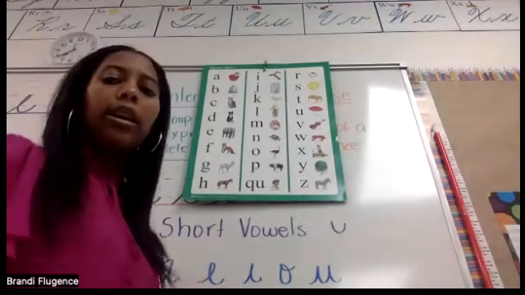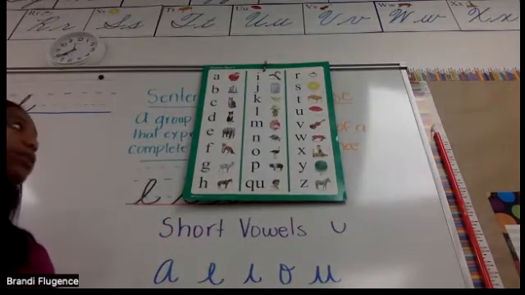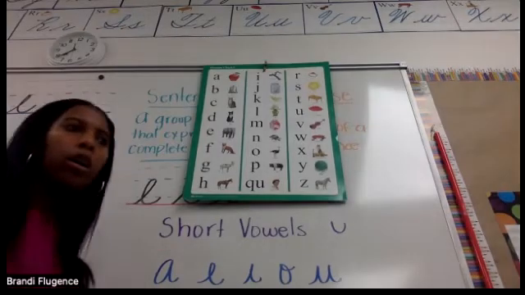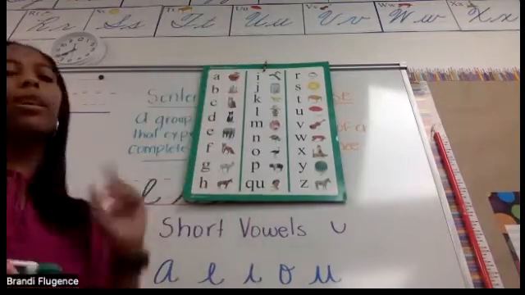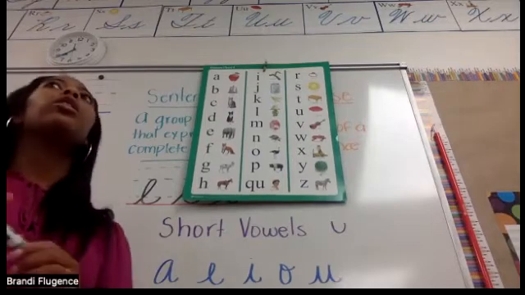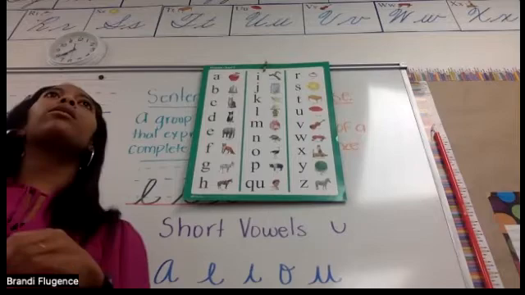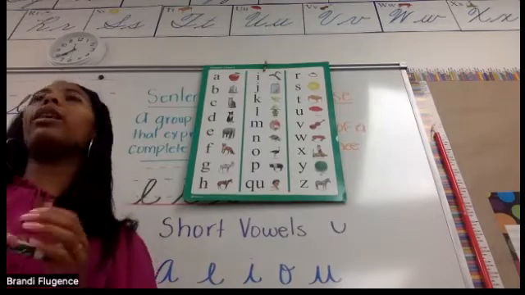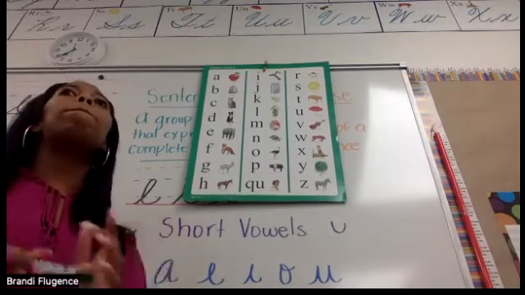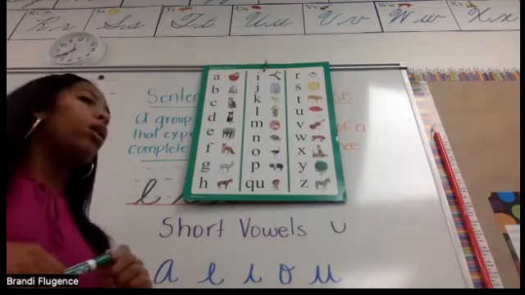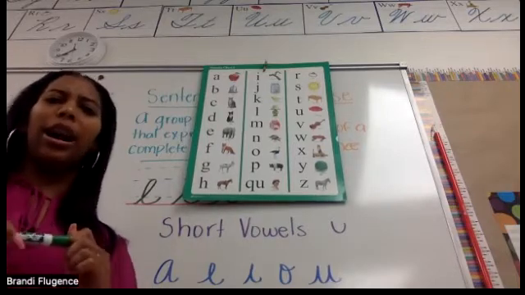E says e, elephant. F says f, fox. H says h, horse.